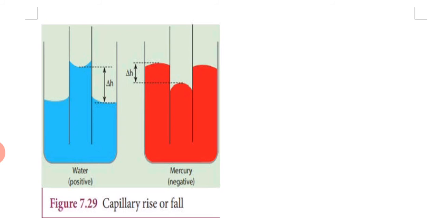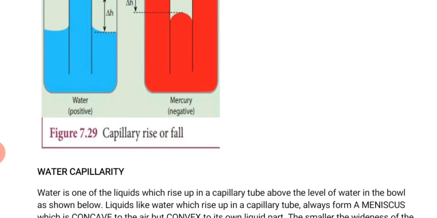You can see a rise in the level of water in the test tube, and we can see a fall in the level of mercury in the test tube, and this explains capillary action better.